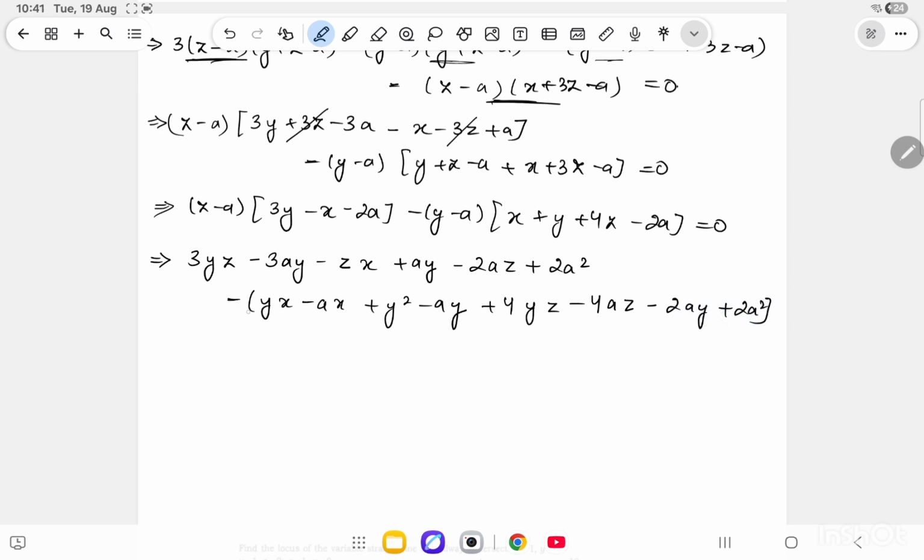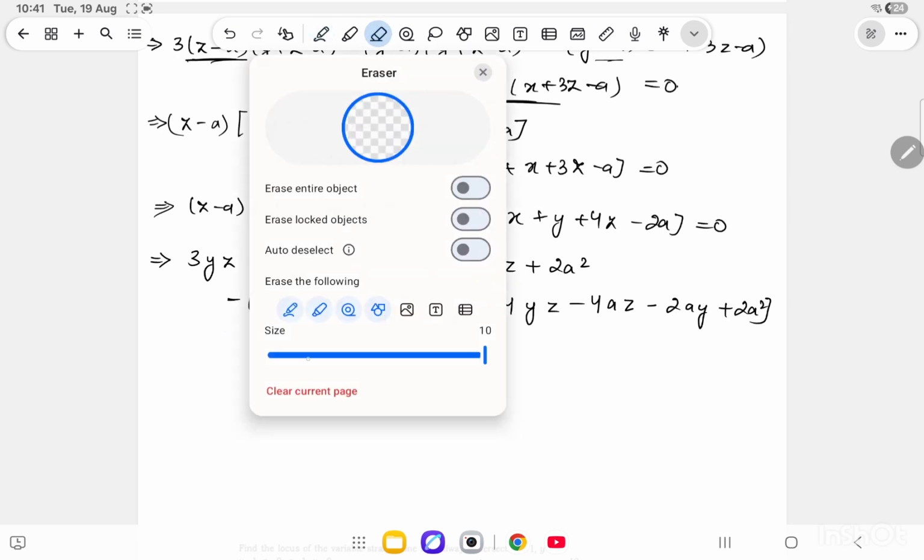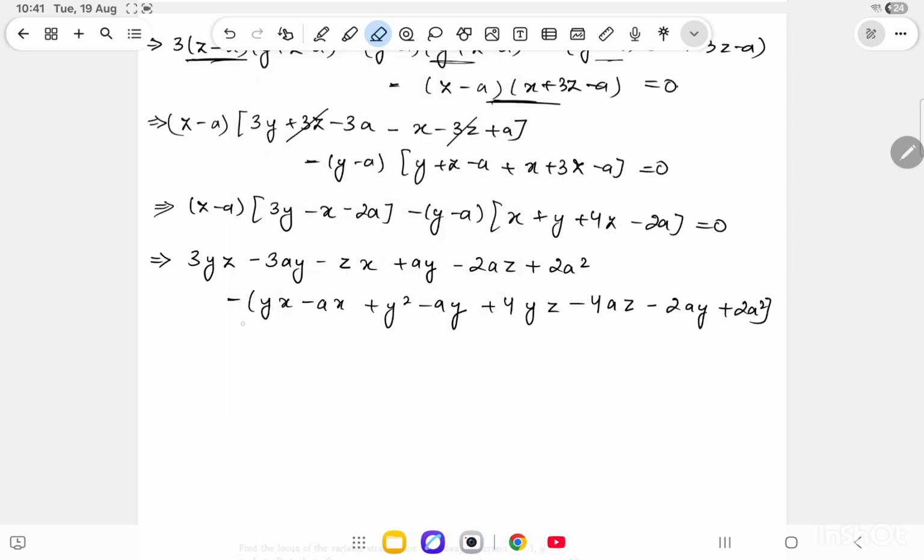If I take this minus sign inside, I'll get here positive, negative, positive, negative, positive, positive, and negative.